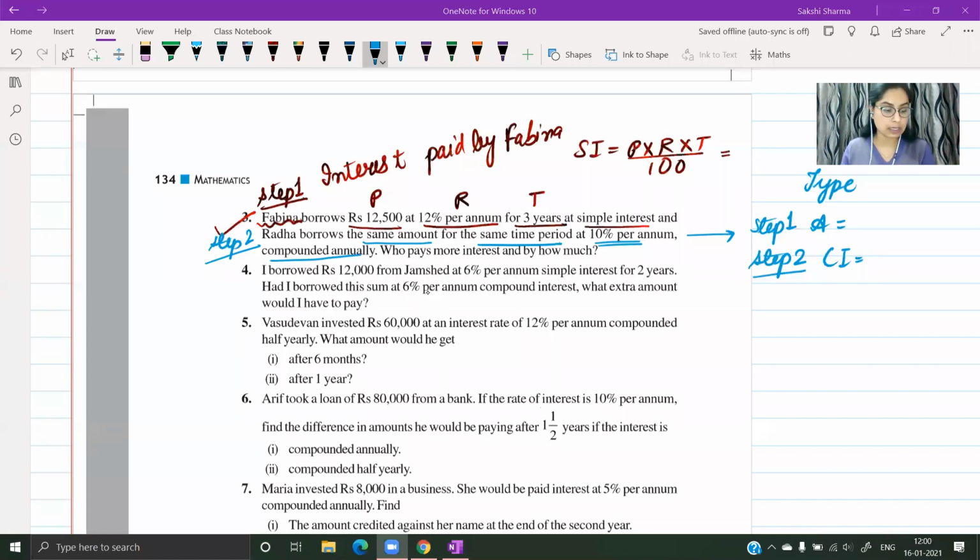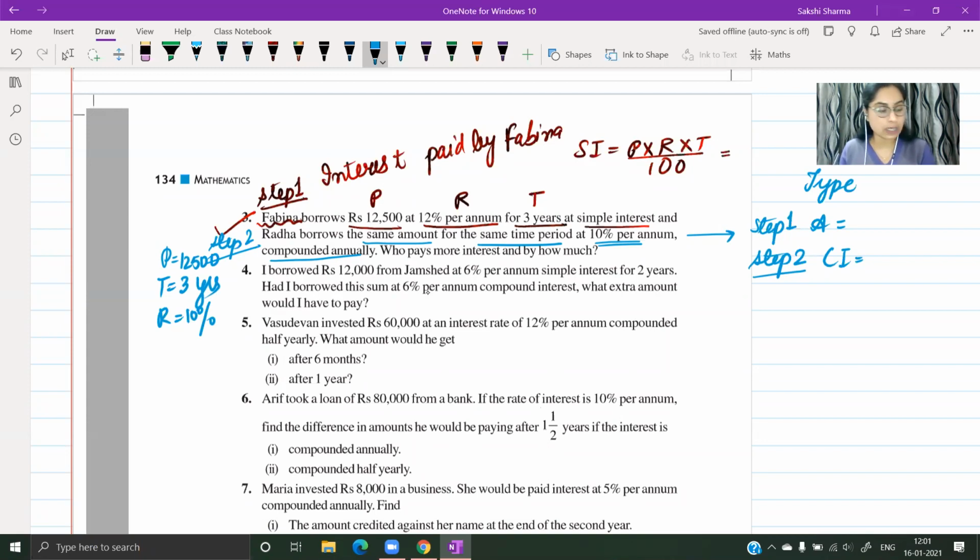Is the time in fractions or a whole number? For Radha, the principal is 12,500, time period is 3 years, and the rate of interest is 10% per annum. Identify which type this is.